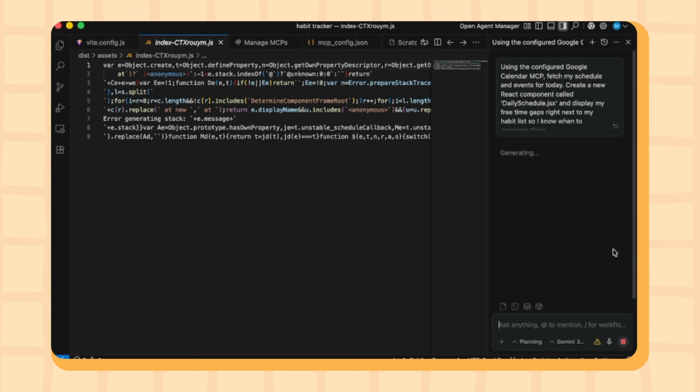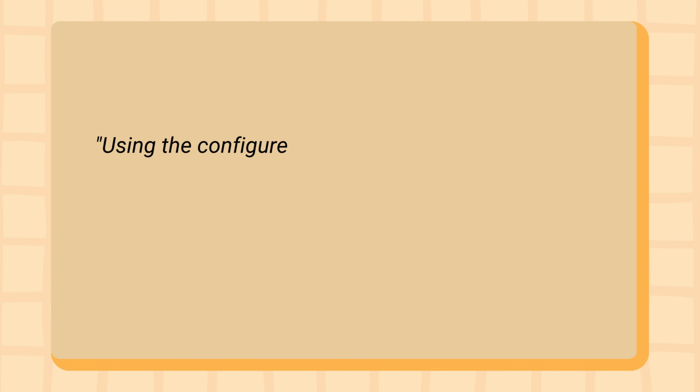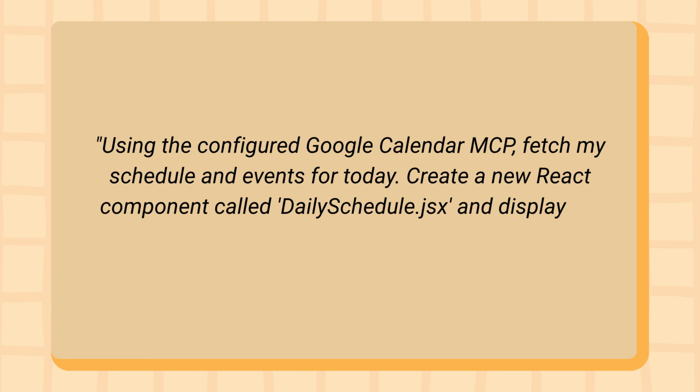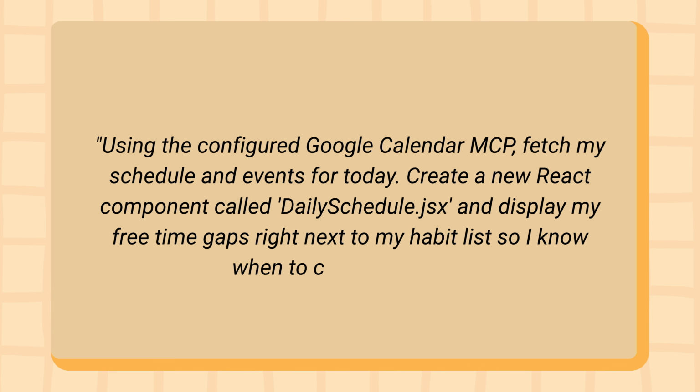Now we go back to Mission Control and we give it this exact prompt: using the configured Google Calendar MCP, fetch my schedule and events for today. Create a new React component called DailySchedule.jsx and display my free time gaps right next to my habit list so I know when to complete them.